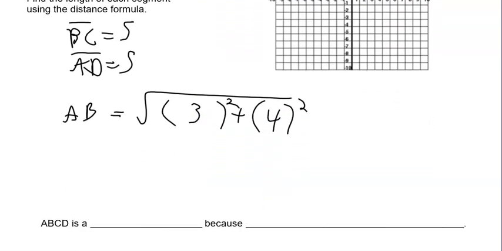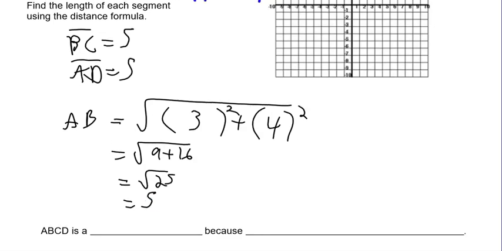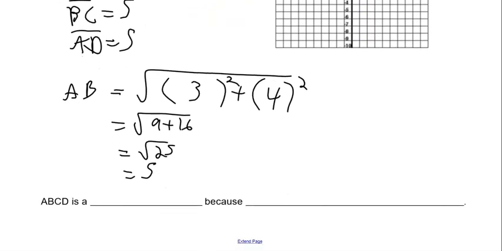It makes no difference. So the distance is 9 plus 16, square root of 25. So it's 5. Whoa, wait a minute. Look at that. 5 all around. So it is a rhombus, because it has 4 congruent sides.